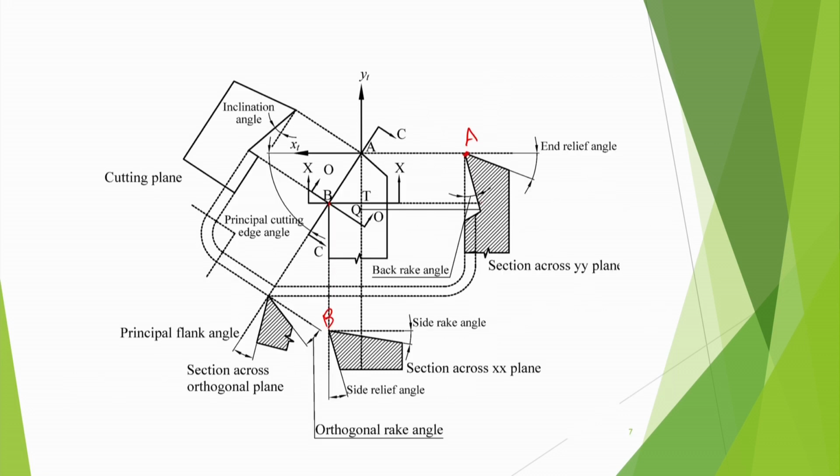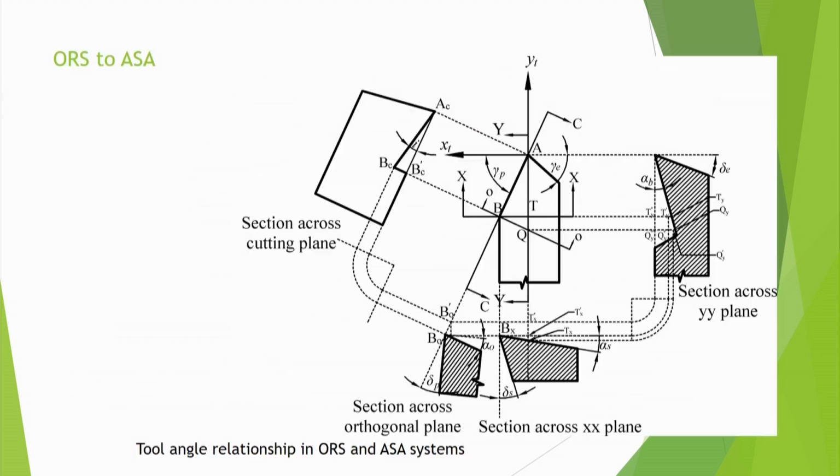Then we will go into detail. We want to study how these things are related. Now let us go to the tool angle relationship in the ORS and ASA systems. We want to go from ORS to ASA. Here I have designated these angles in terms of symbols.